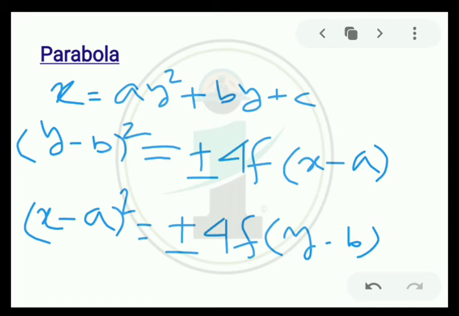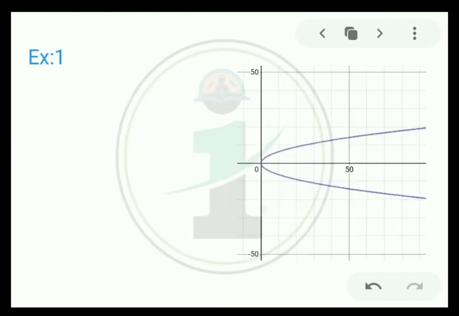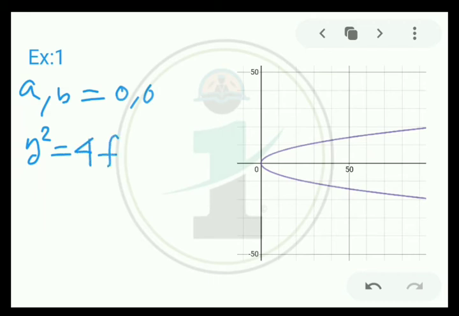So let us check the diagrams first. So here is the example. The first one, you can see I have chosen the vertex at the origin for simplicity, so that a comma b is 0 comma 0, so that we can have an expression y square equals 4fx, where f is the focal length.